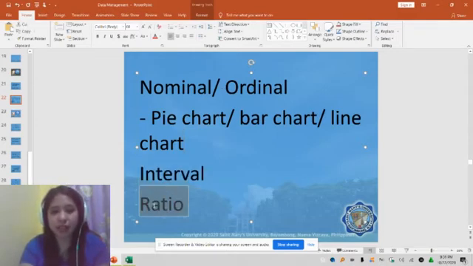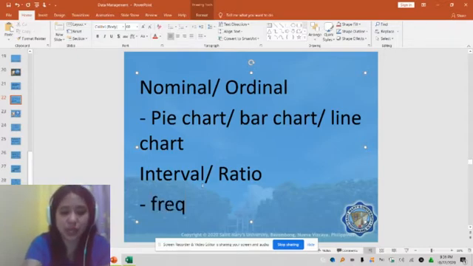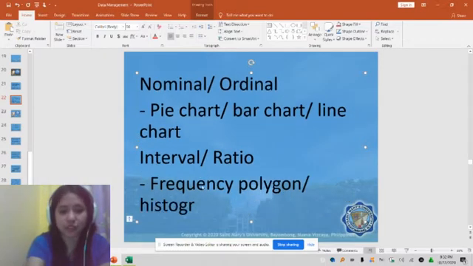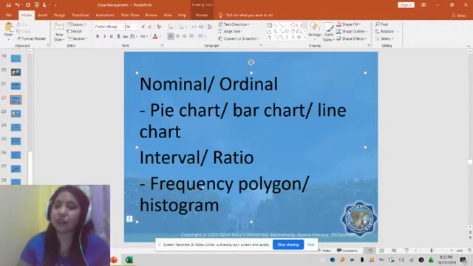While if our data is either interval or ratio, the appropriate or most common charts used for these variables are the following. We can use a frequency polygon or a histogram or frequency histogram. These are also the common charts used if our data is at least interval or ratio.